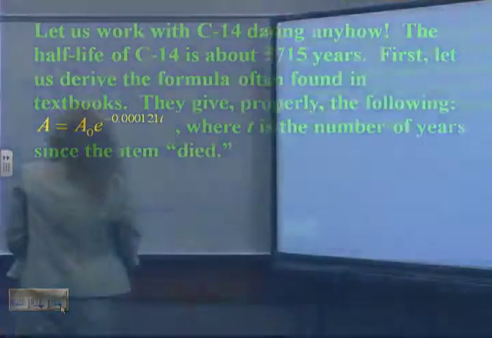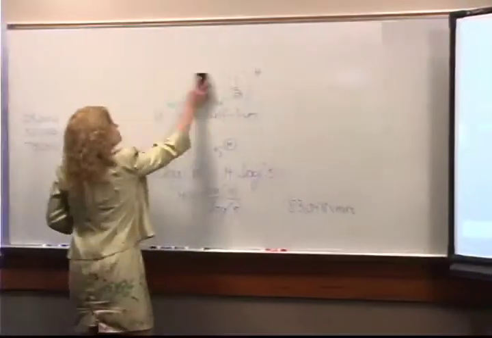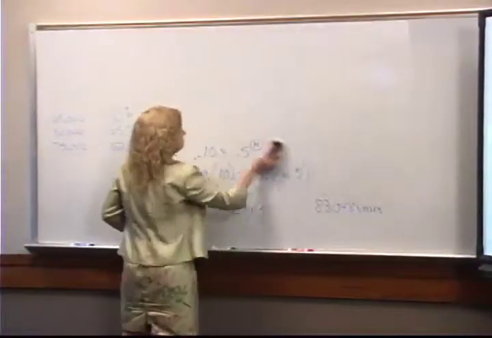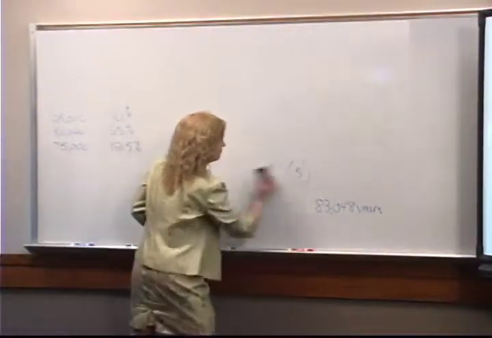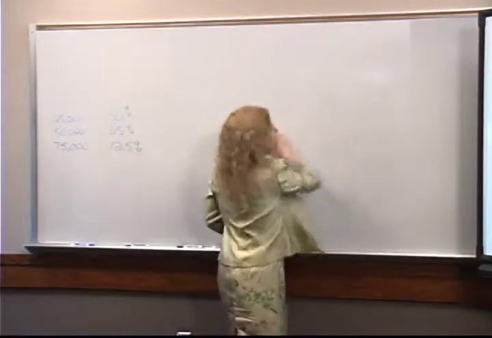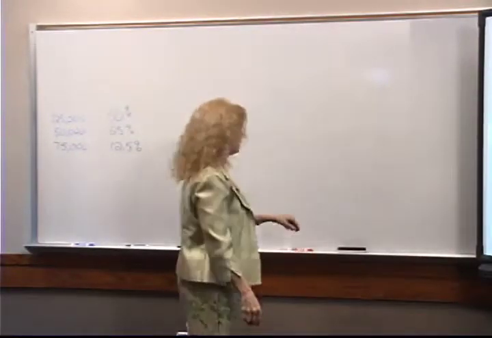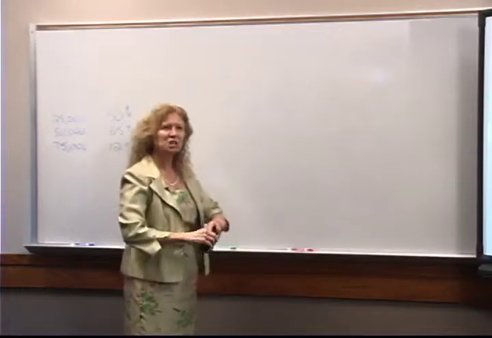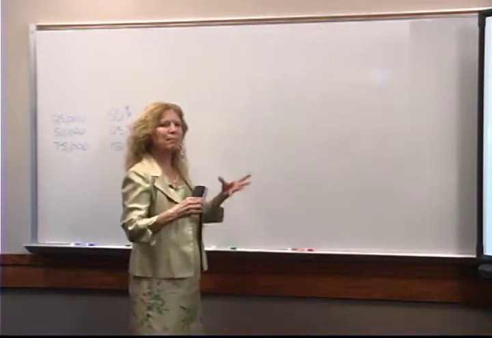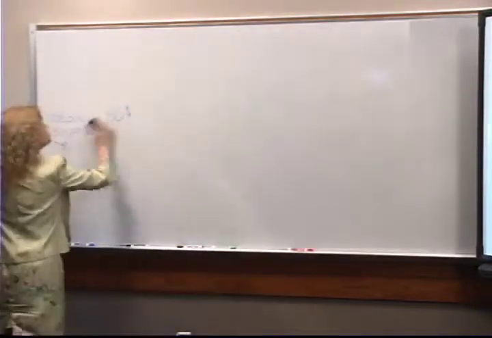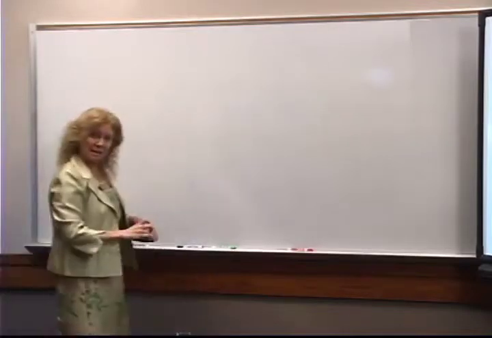And what I'd like to do to start out with, I think it's because I'm so hard-headed, I really like to do things in a way that just kind of makes sense to me. Well, your book loves to give you formulas.